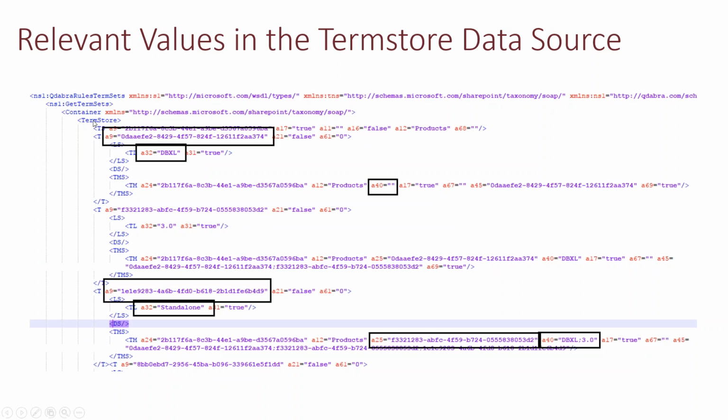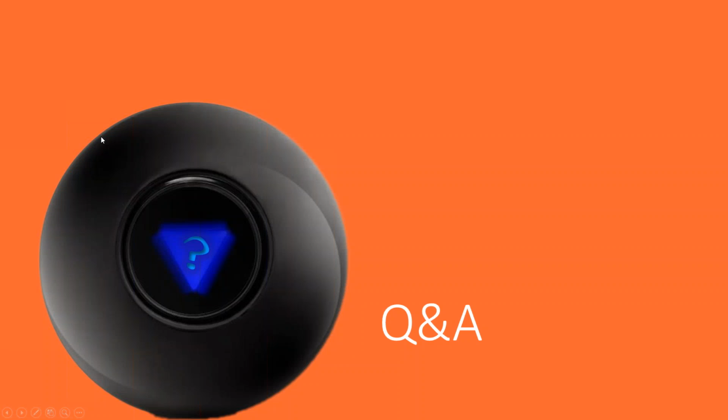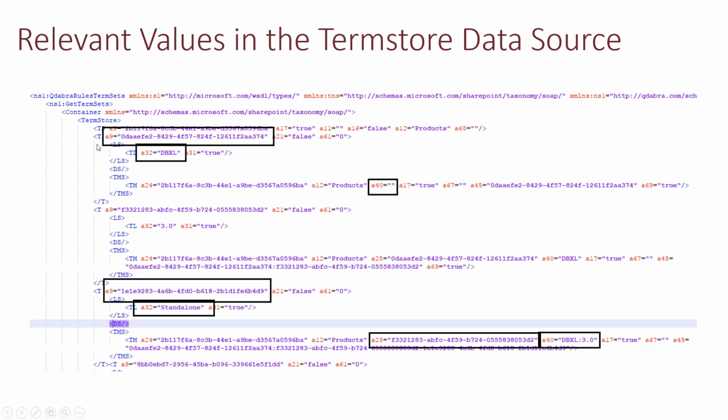But basically, each of these T's is one tag in the term store. This A9 attribute directly on the T is the ID of each tag. The A32, which is a few levels down, is the display name of that tag.